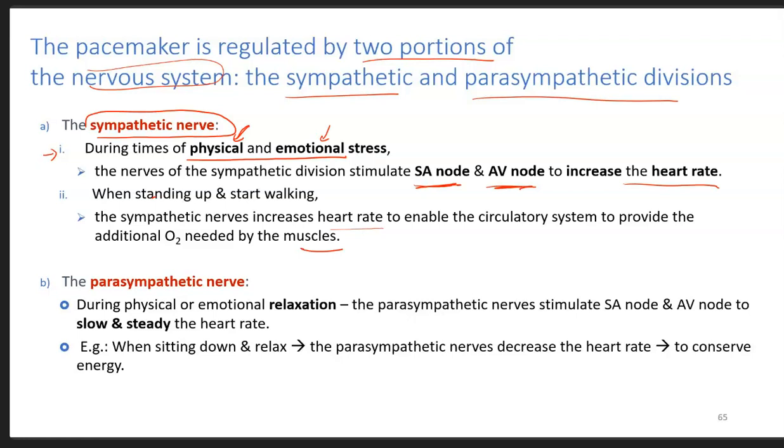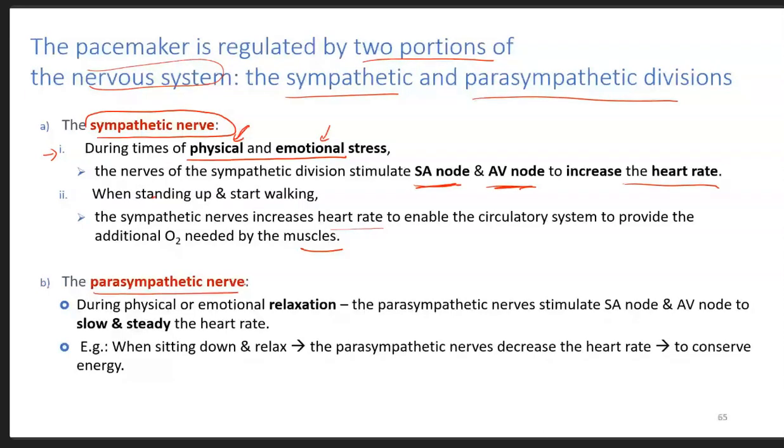So before and after, obviously you will have difference in the results, okay, before exercising and after exercising. Obviously the heart rate will be different. Before, the heart rate will be slower, and after your heartbeat will be faster. So this involves the sympathetic division, causing the heart rate to increase.